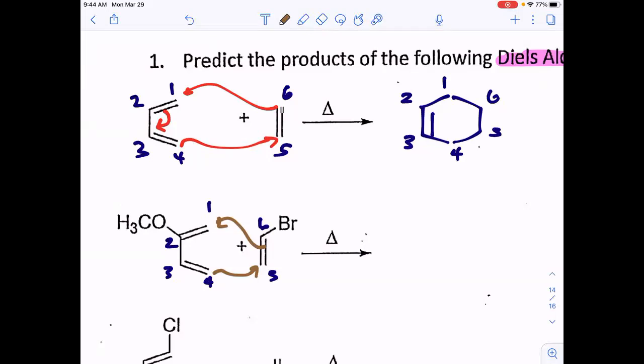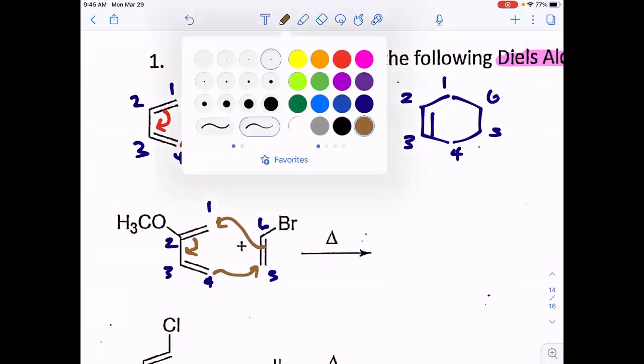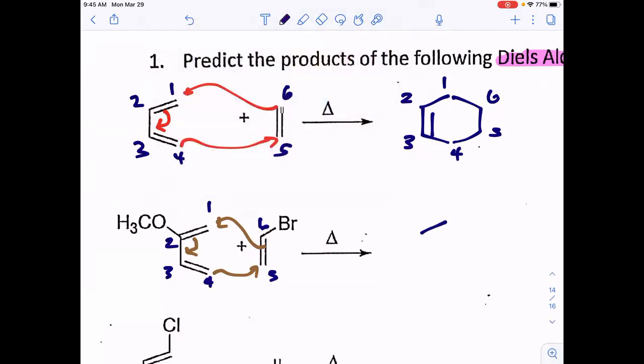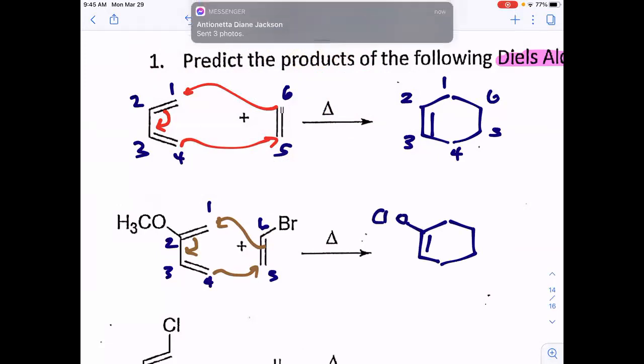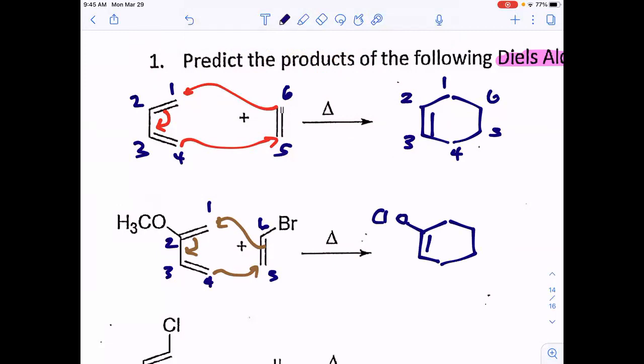Then 2 to 3. Right, so you shift this pi bond to here, and it doesn't change. Doesn't matter what the substituents are, how much is hanging off of that thing. And this is still here. And then the bromine is still here.